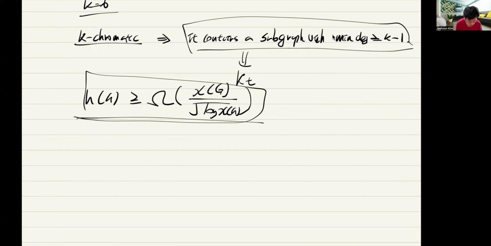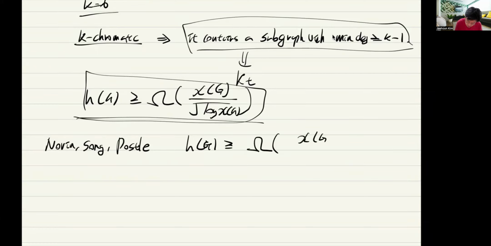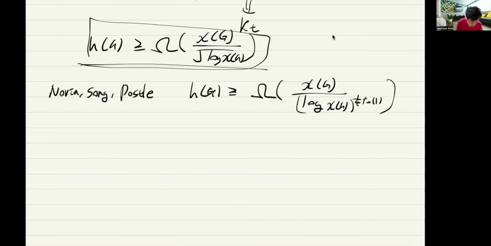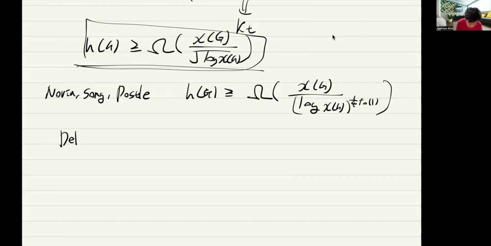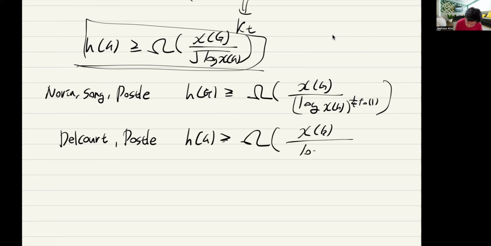And it was further improved by Norin, Song, and Postle. They further improved this. And the best result known is by Delcourt and Postle, showing that the bottom one can be even improved into log of the chromatic number.